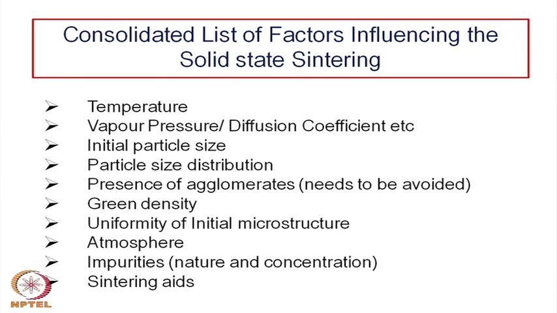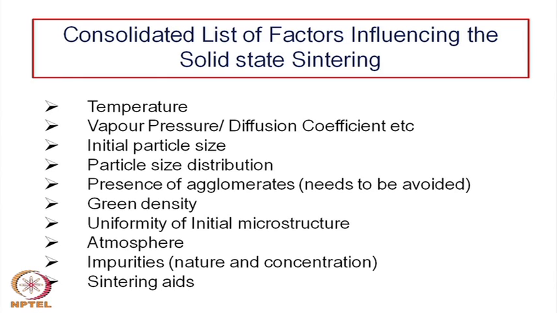The particle distribution is very important, or particle suspension. Uniformity of the particle suspension is extremely important. If you do not have uniformity of particle suspension, you may have some agglomerates, non-uniform distribution of particles, and that will immediately lead to non-uniform sintering at different places, at different sites, and ultimately some pores will be trapped.